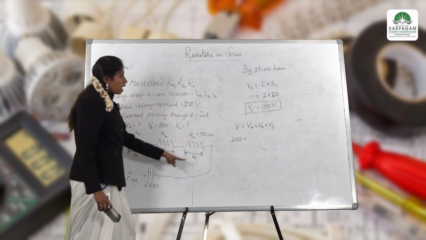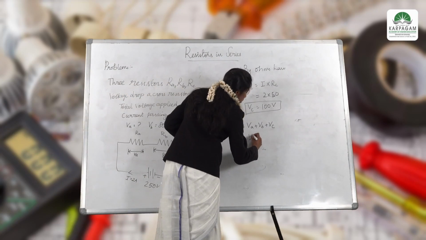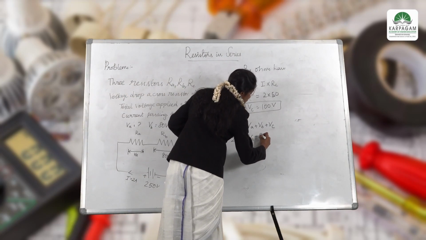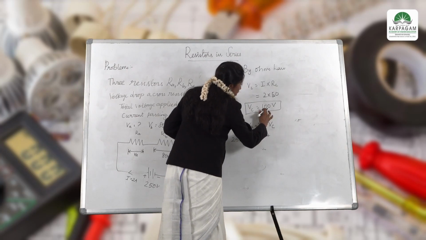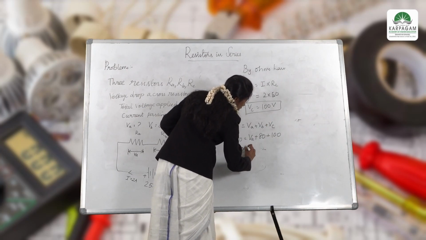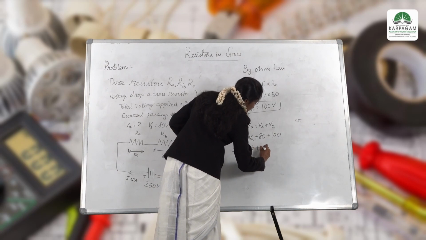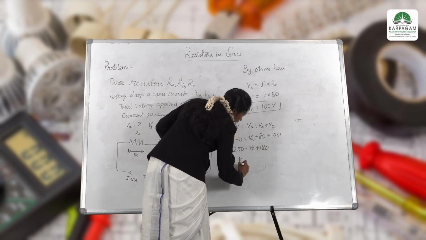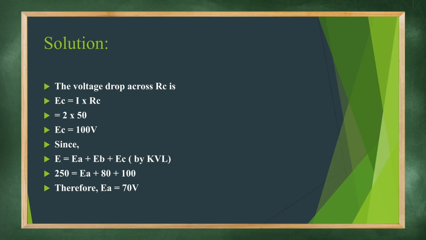VA is the unknown value. VB has been given in the problem as 80. And VC I have calculated as 100. So VA plus 180, and my VA value will be equal to 70 volts. Finally, I have calculated all my VA, VB and VC values.